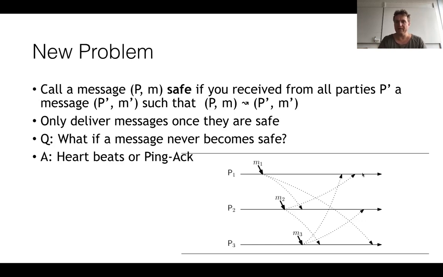So up here, if too long a time passes and I cannot declare M2 safe, I will send out a ping to everyone, and everyone that receives my ping has to send back an ack. And at the point where I get the ack, something went out and came back again. So now I have something from everyone in the causal future of my message. So now it's safe. Now I can order it and I can deliver it.